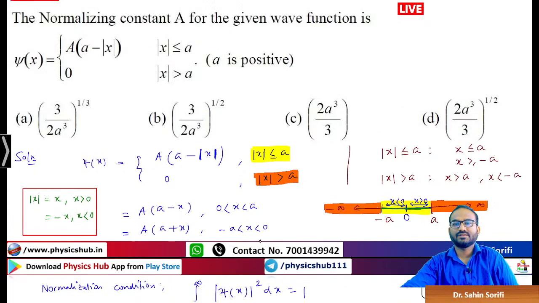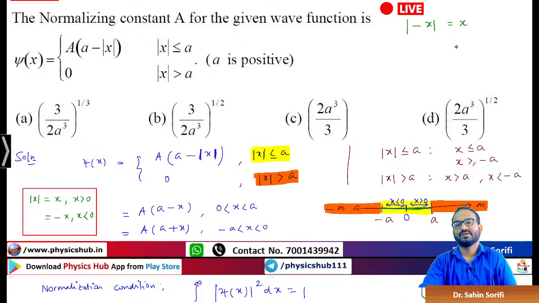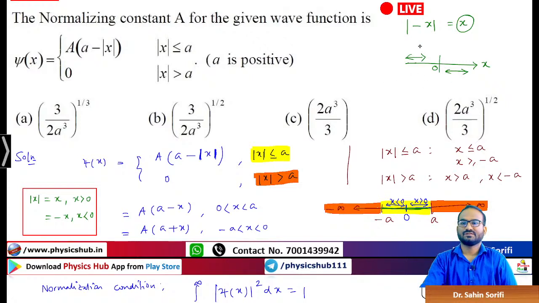Mod means, look, let's say mod x, then you can write it plus x. Now it will depend in which region you take this x. So this is the x line, 0. If you take the x values in this region, obviously it will be minus x. This will be plus x. So it just removes this minus if it has any.